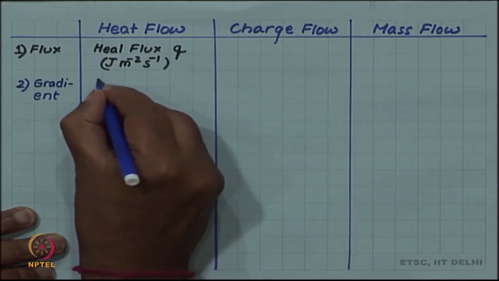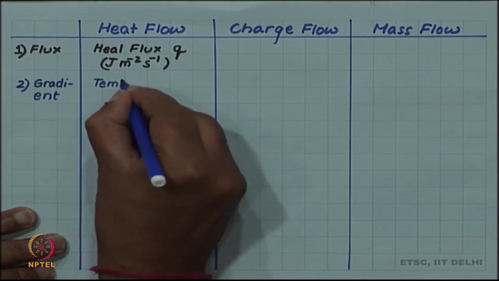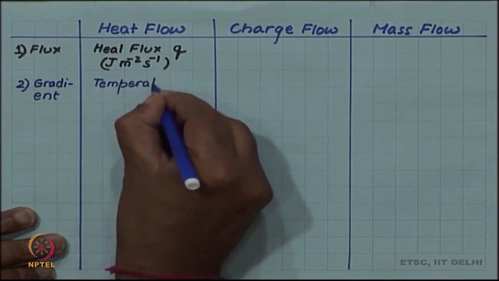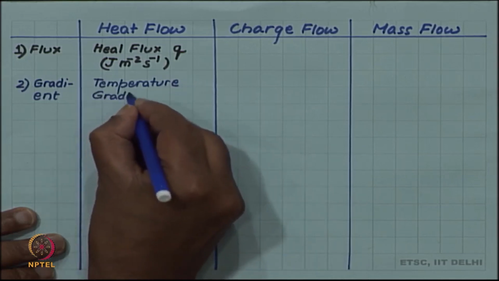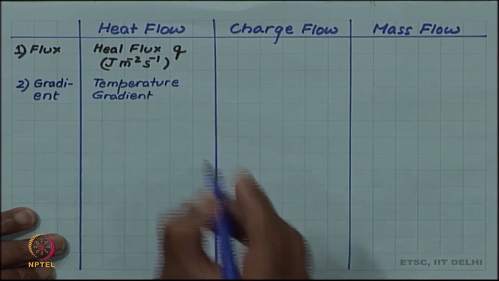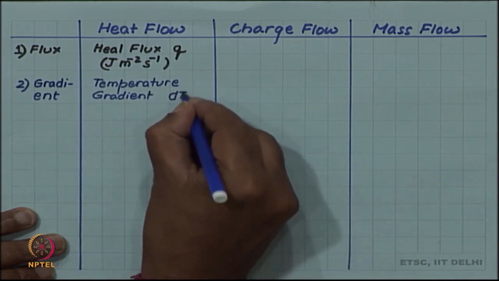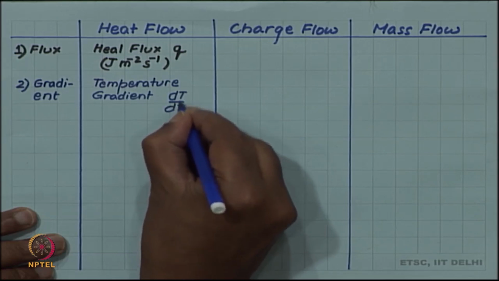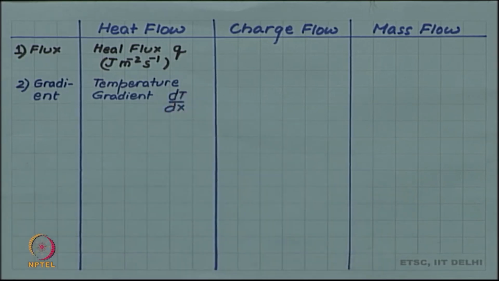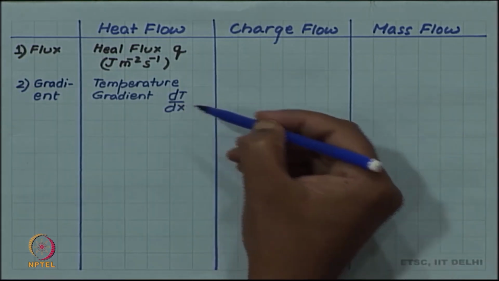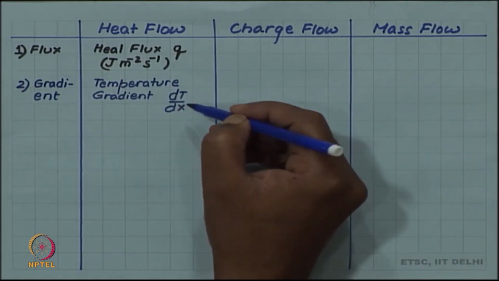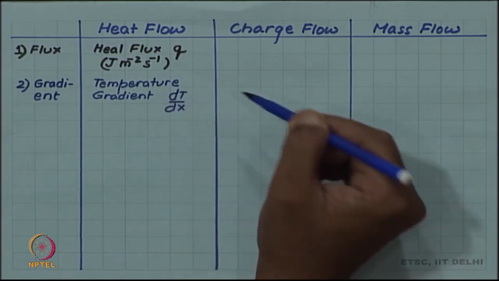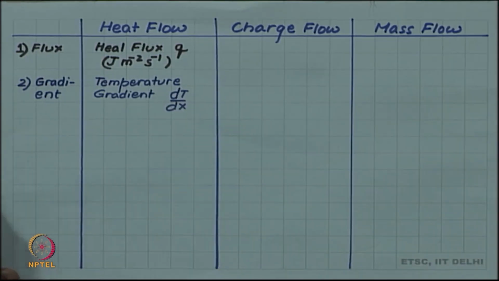That gradient we know is the temperature gradient, let us call that dT by dx. So, if there is a uniform temperature in a body, there will be no heat flux. Only when there is a gradient, where the temperature is changing with position, do we have a heat flux.